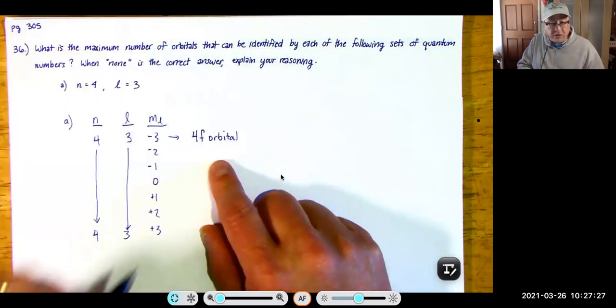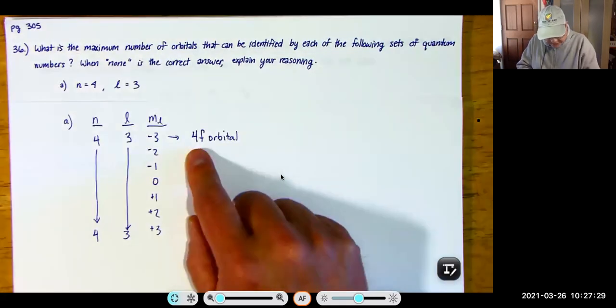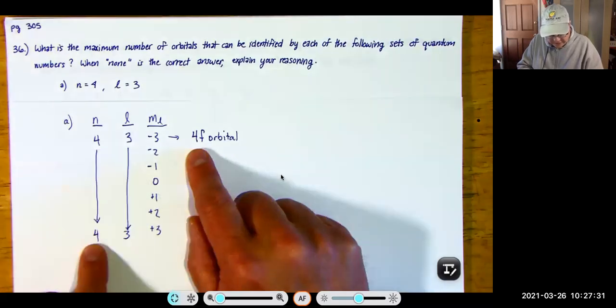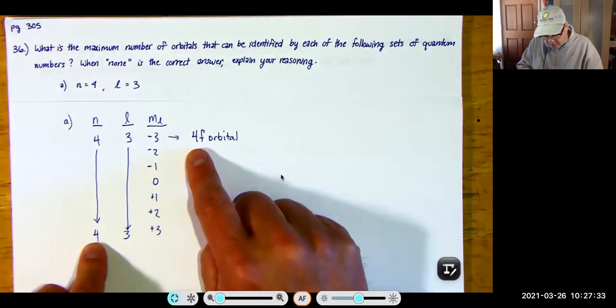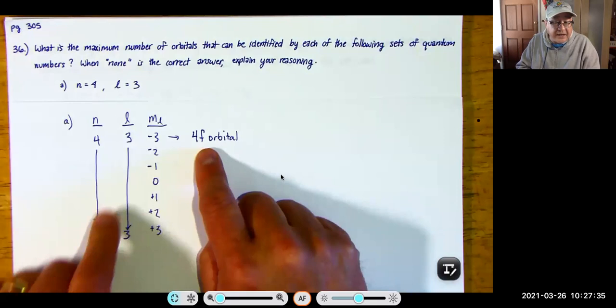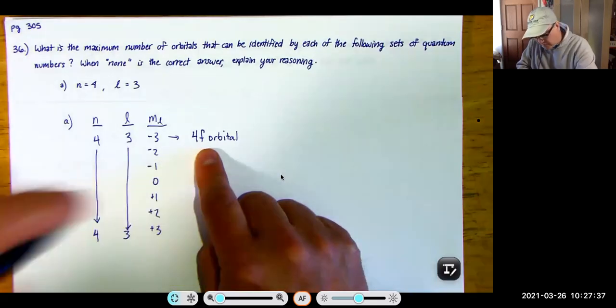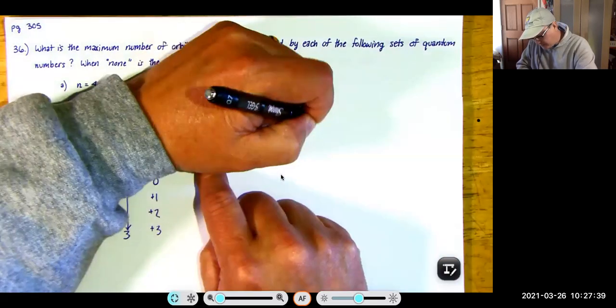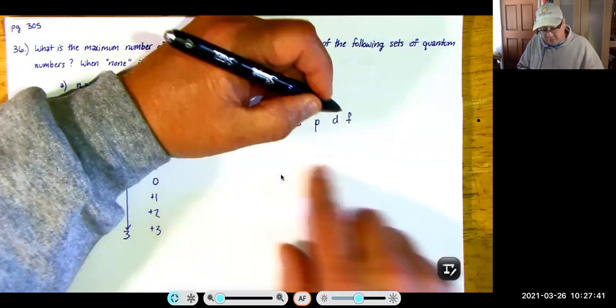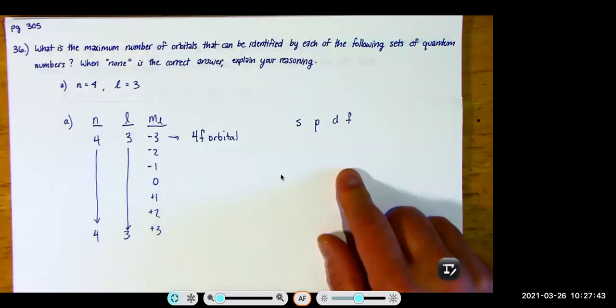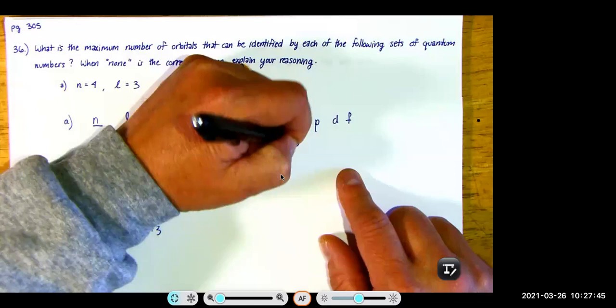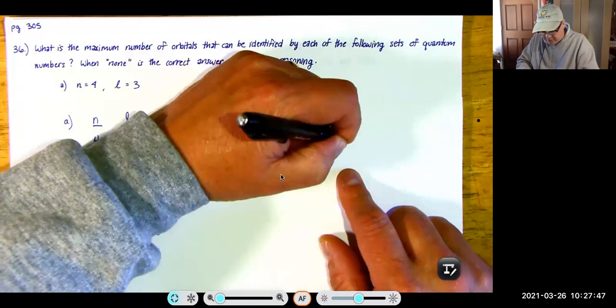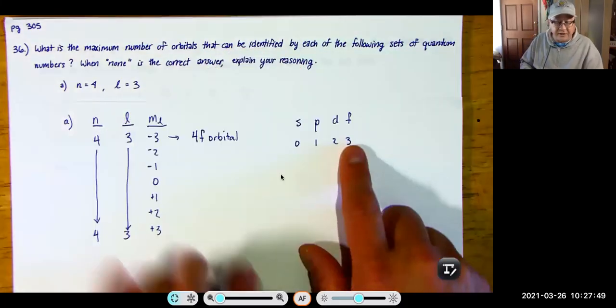Now, why is it called a 4 orbital? Because this is in shell 4. Why is it called an f orbital? It's because l is equal to 3. If you recall, for s, p, d, f, where do we start numbering? 0. 0, 1, 2, 3. So f corresponds to l equal 3.